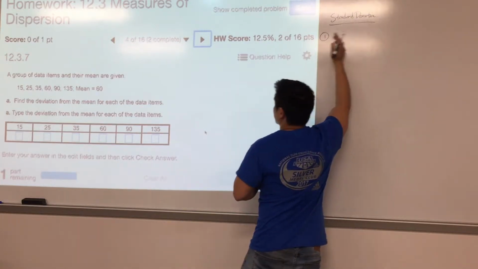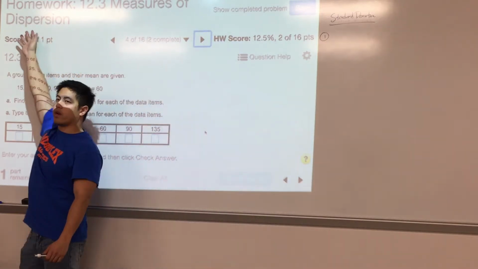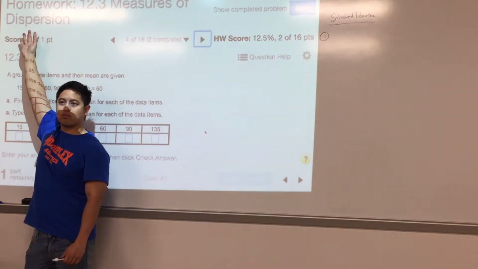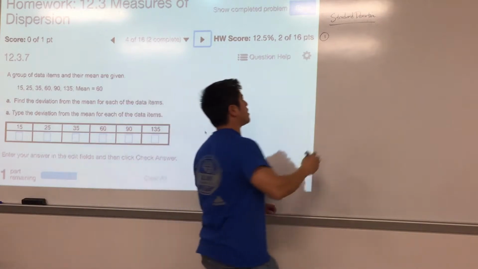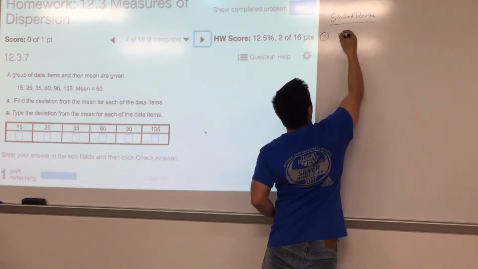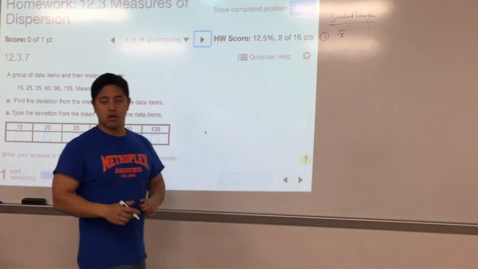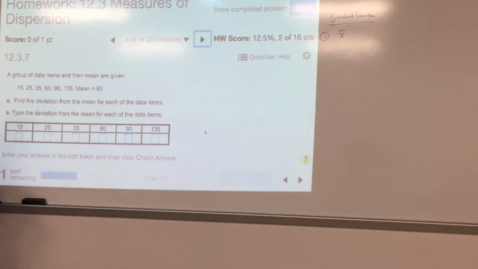So standard deviation is synonymous with dispersion. Step 1 is to always calculate the mean, x bar. As you can see here, they walk you through how to calculate the standard deviation.